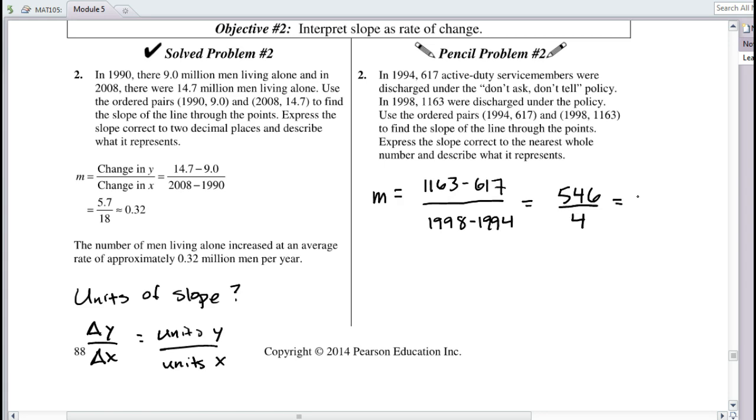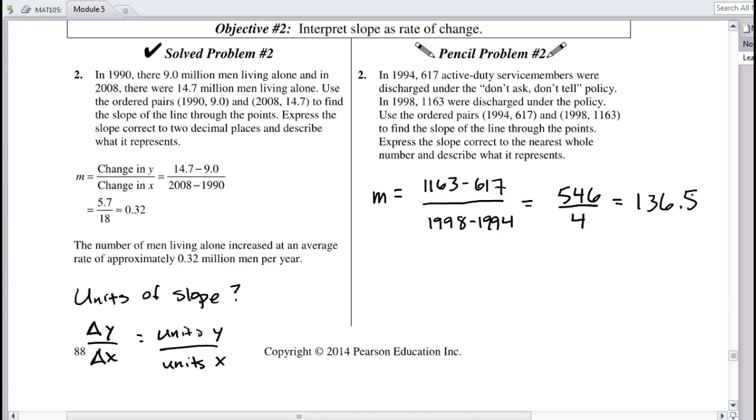And then does this go in? I think so. So 4 goes into 5 once, carry the 1, 4 goes into 14 3 times, carry a 2, 4 goes into 26 6 times with 2 left over, and 2 over 4 is 0.5.